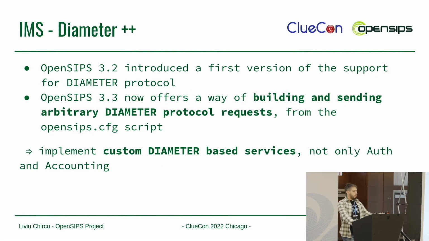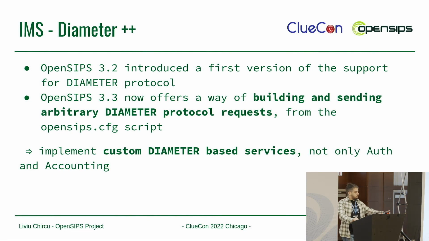And we also gave Diameter some attention, and we now gave you the capability to build custom Diameter messages from the OpenSIPS script. Not sure if you're familiar with the work done in 3.2 on the Diameter side, when we added the first integration with the freeDiameter project, exposing authentication and accounting via Diameter messages.